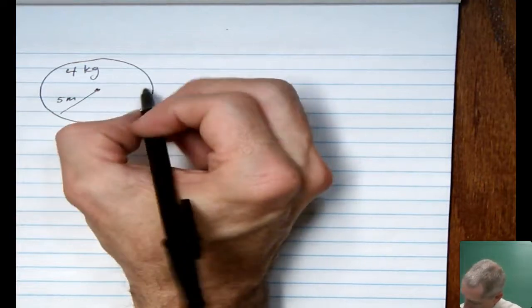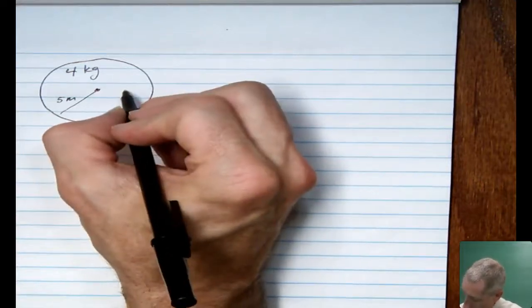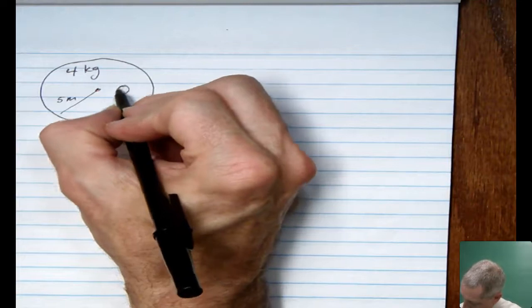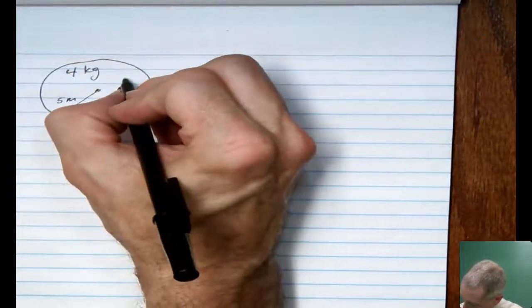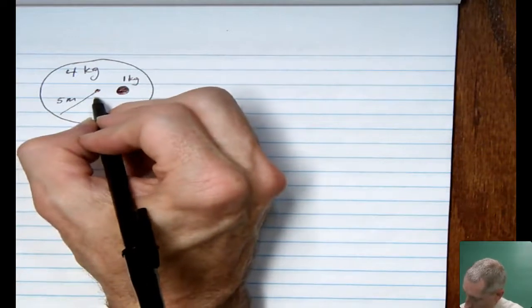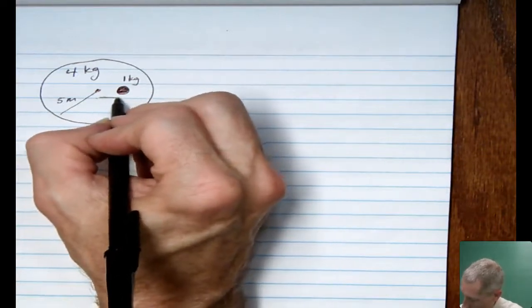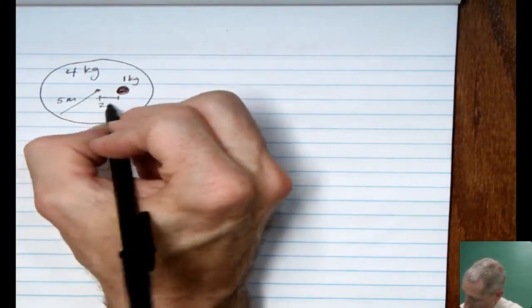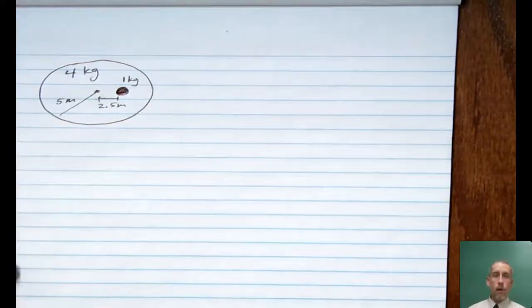And imagine we have attached to the disk, maybe halfway over, another little hunk of mass. I'm going to darken it so it looks like something stuck to it. Maybe that's a 1 kilogram mass, and it's located 2.5 meters away. So that's just half the radius.